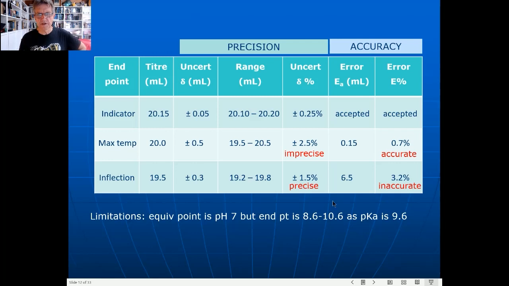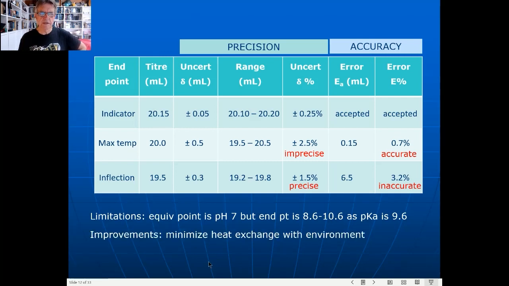Now that's not such a big deal, because when you think about it, going from pH 7 to pH 8.6 takes about 1/100th of a drop of sodium hydroxide. It's very, very sensitive to changes in OH concentration around the pH 7 area. So that limitation is hardly worth worrying about.